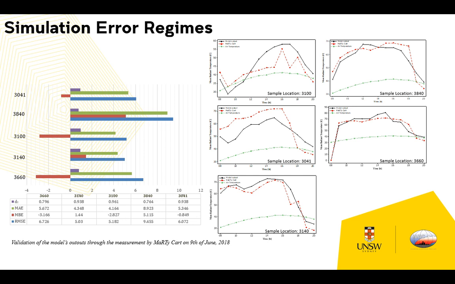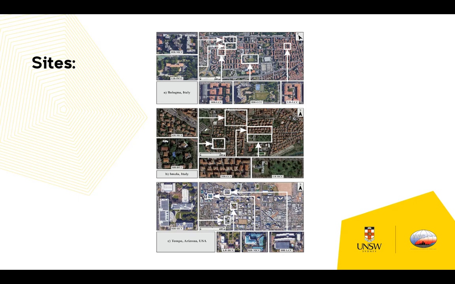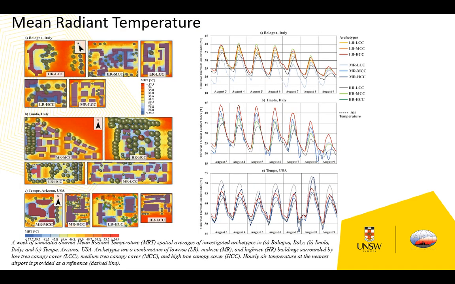So after validation, we started modeling in 3 different sites: Bologna, Italy; Imola, Italy; and Tempe, the campus of Arizona State University. And these are the results.